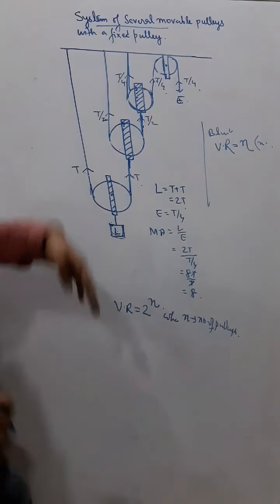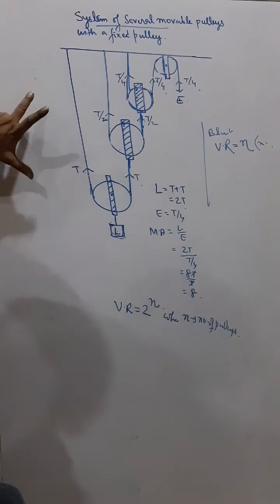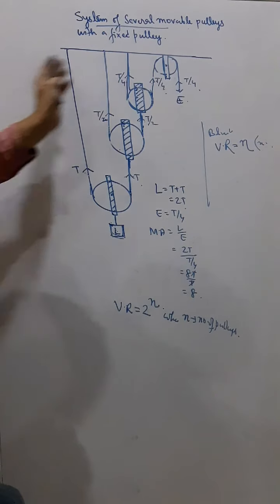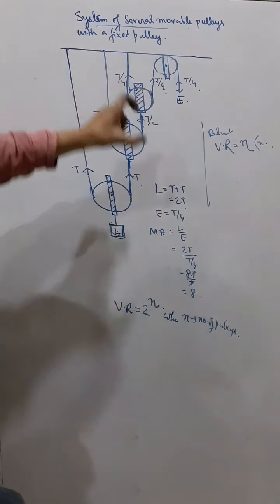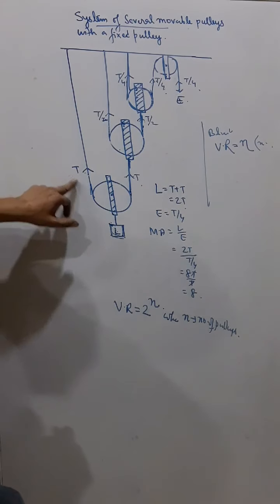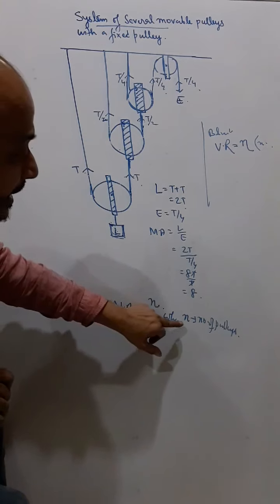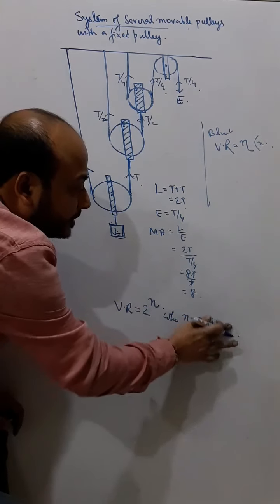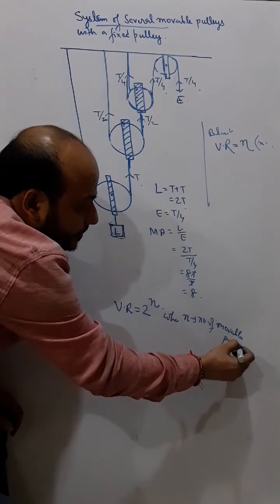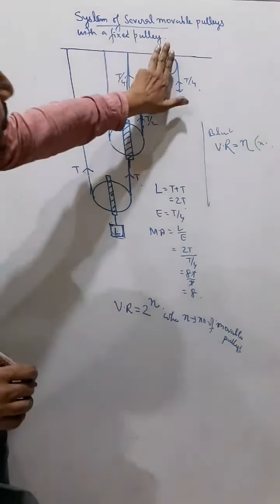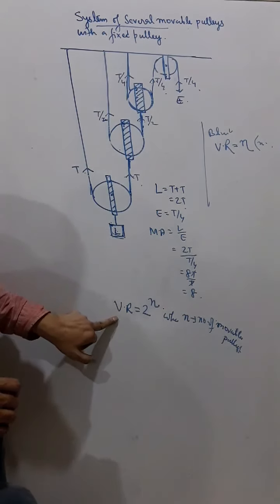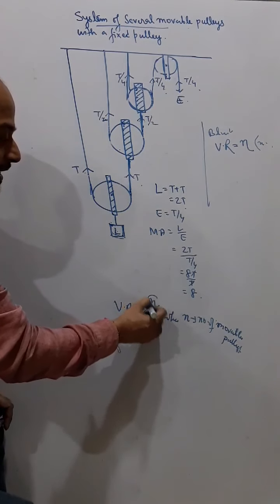So if you remember, in the previous example I have shown you in the block and tackle system, there were 5 pulleys, so its velocity ratio is 5, and the next one I showed had 4 pulleys, so the velocity ratio is 4. Okay. In this case, velocity ratio is 2 to the power n, where n is the number of movable pulleys. Okay, so we should not take this pulley into account. This is the fixed pulley. So only the number of movable pulleys counts: 2 to the power n, where n is the number of movable pulleys.